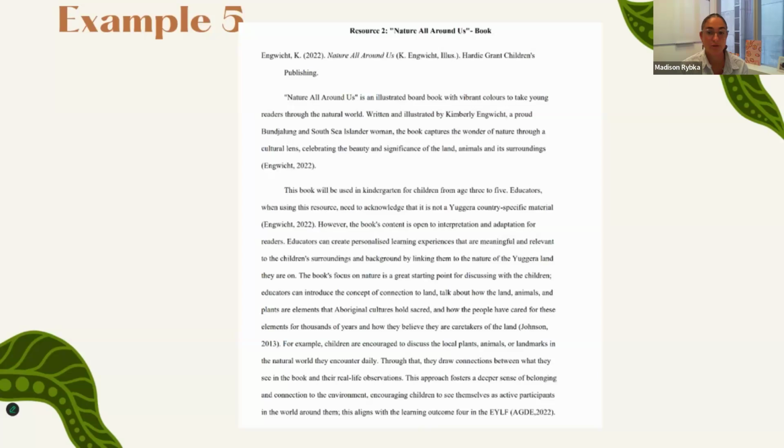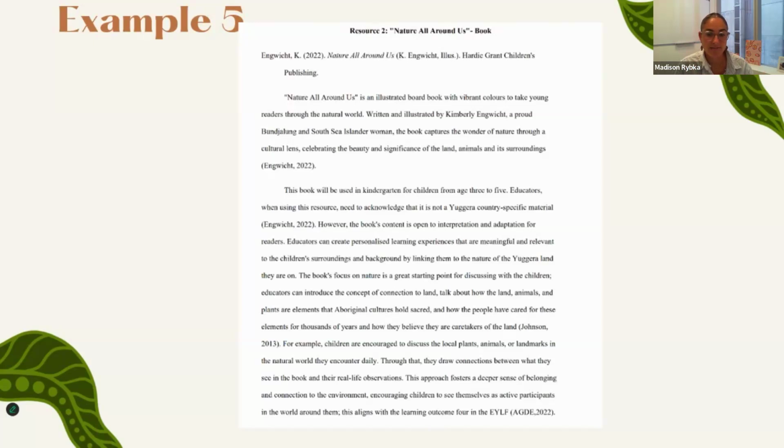Educators who use this resource need to acknowledge that it is not your country-specific material. That's great to acknowledge, because my markers will go, okay, they have a great understanding that it's from somewhere else. The book's content is open to interpretation. Educators can create personalized learning experiences that are meaningful and relevant. The book's focus on nature is a great starting point for discussion with the children, and then they go further into how they would do it.